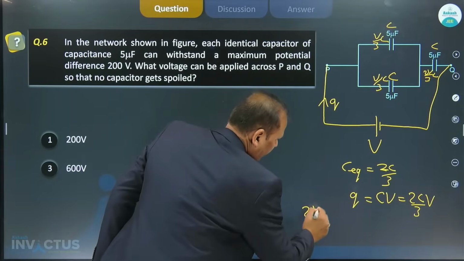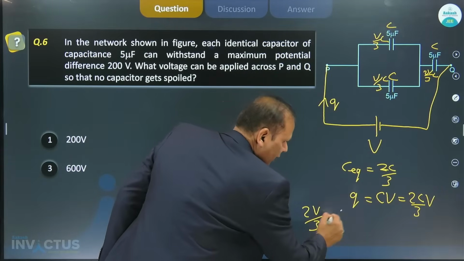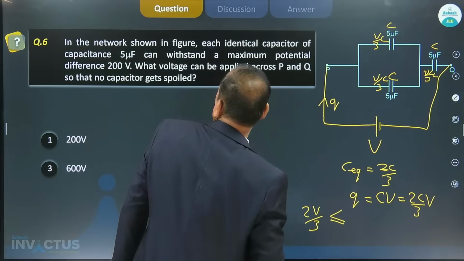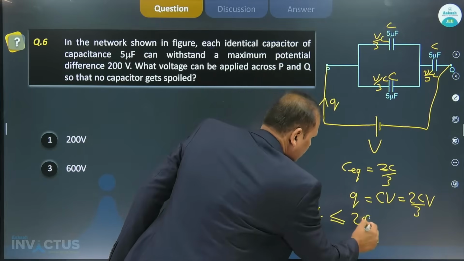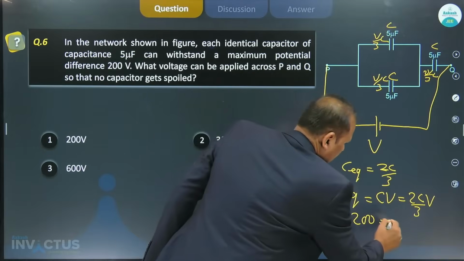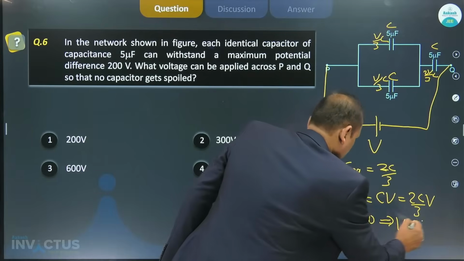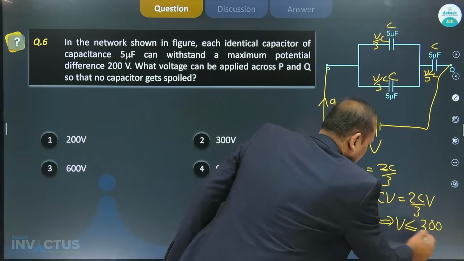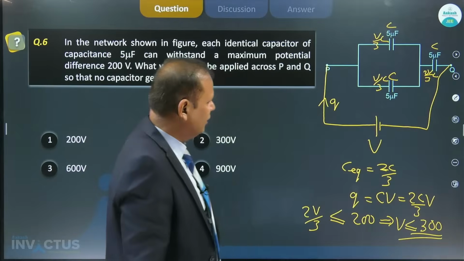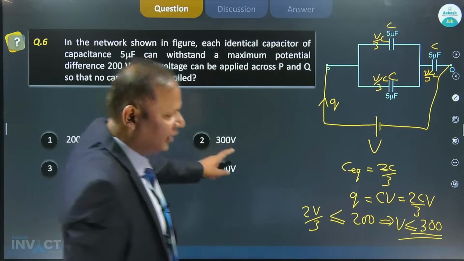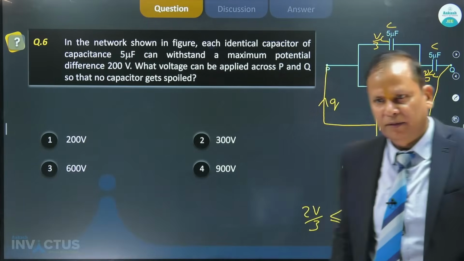So 2V by 3 should be less than or equal to 200. That is, V is less than or equal to 300 volt. So the maximum potential is 300 volt, which you can apply.